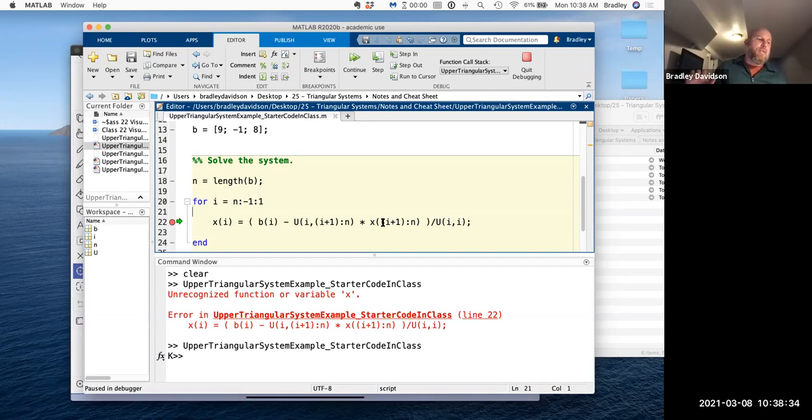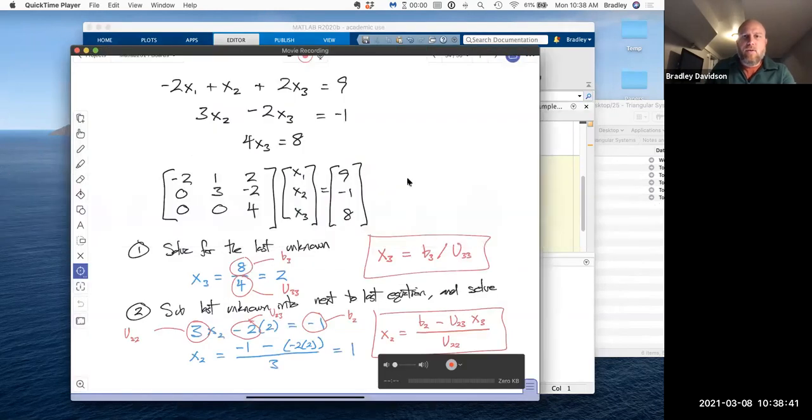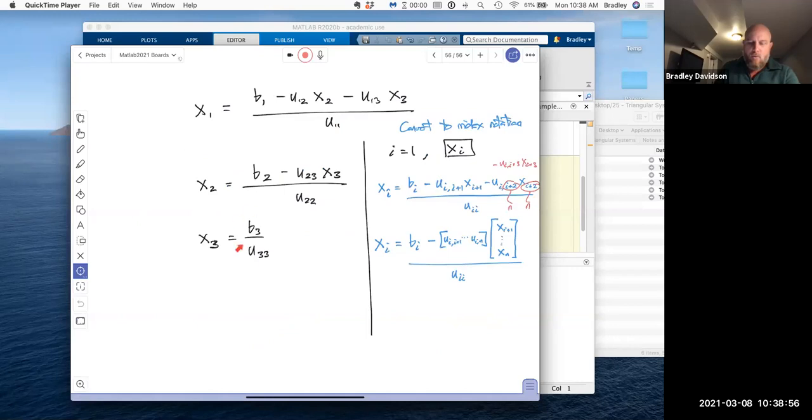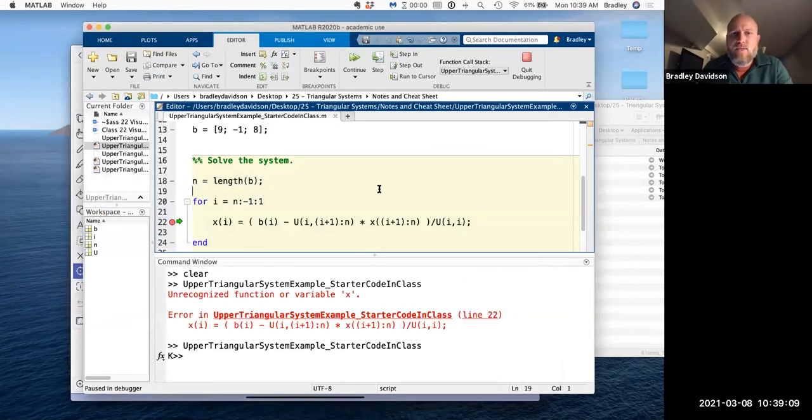So take a look at the way that we solved for xn. The way that we solved for xn, n being 3, in our first step, we used just b3 divided by u33. For this b3 divided by u33, we didn't need any of this more complicated numerator. We just needed the b term divided by the u term. So in our MATLAB code, let's do the same thing.